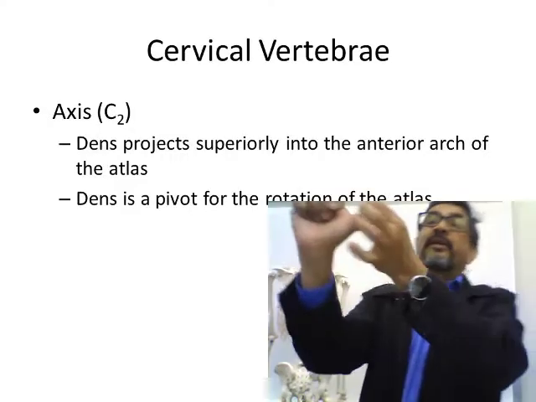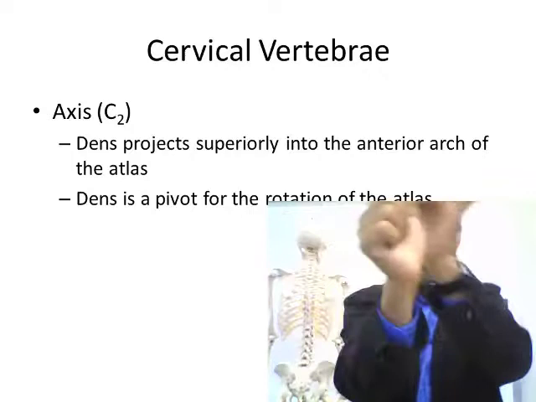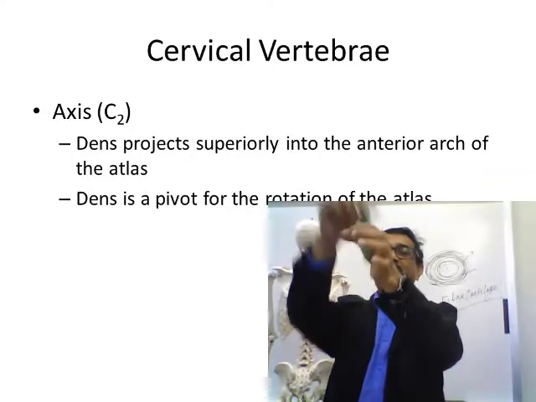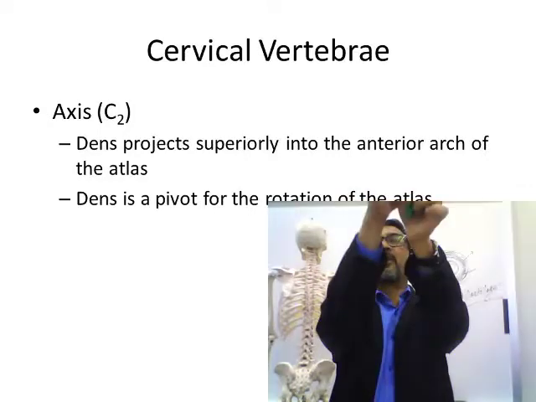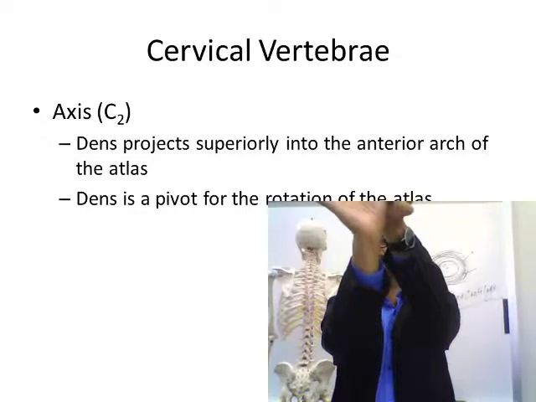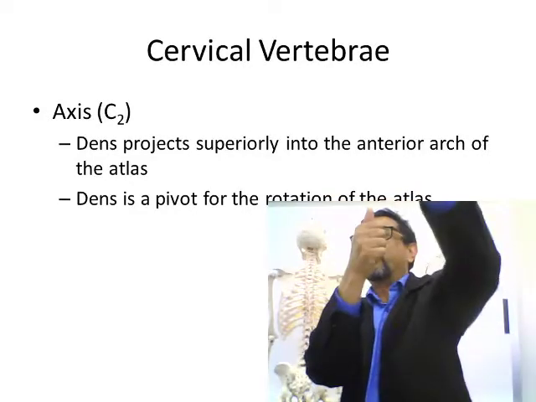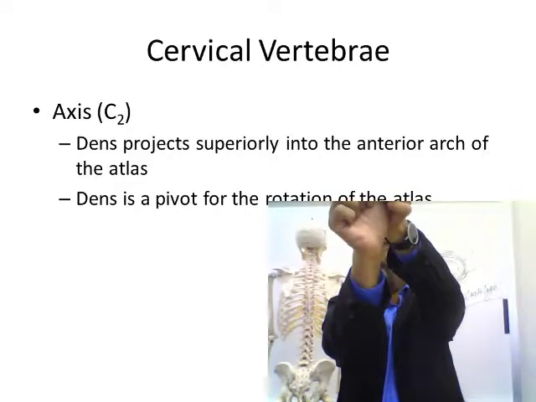Now, this is a very weak point in your body. Why? Your spinal cord. You know that the spinal cord passes through this vertebral foramen, and now this is the spinal cord, and this is the dens. So what can happen if I hit this bone from the front? What will happen? This bone will move back, right?